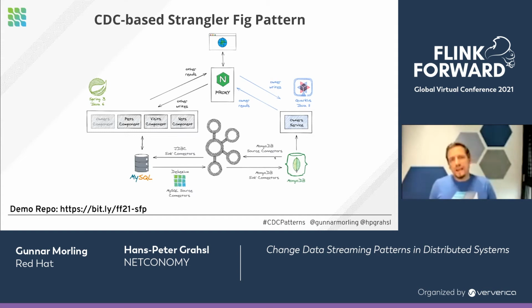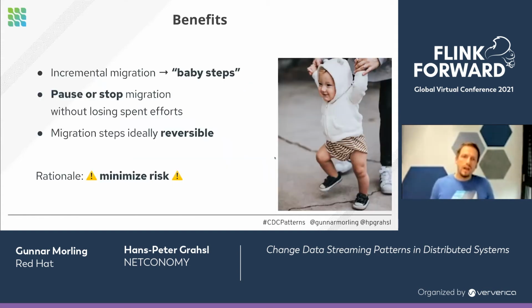When we take a second closer look and try to summarize the benefits that this Strangler Fig pattern gives us, we can say that we can reach our ultimate goal of migrating a large complex system by just taking baby steps. We do it one by one, component by component, or module by module.